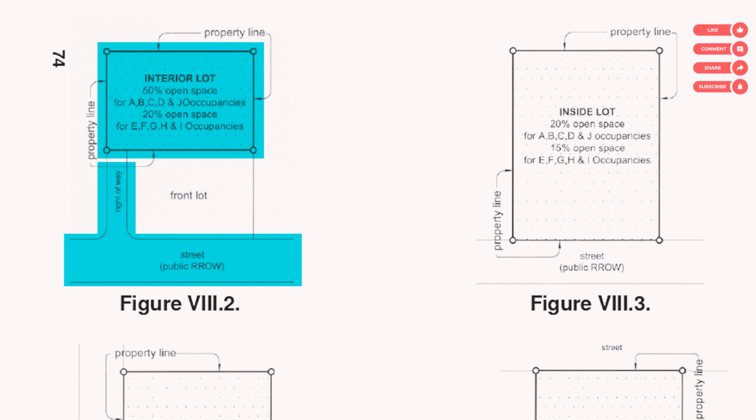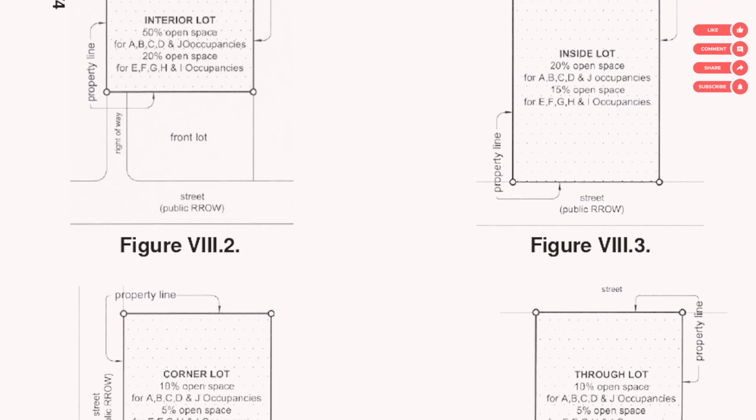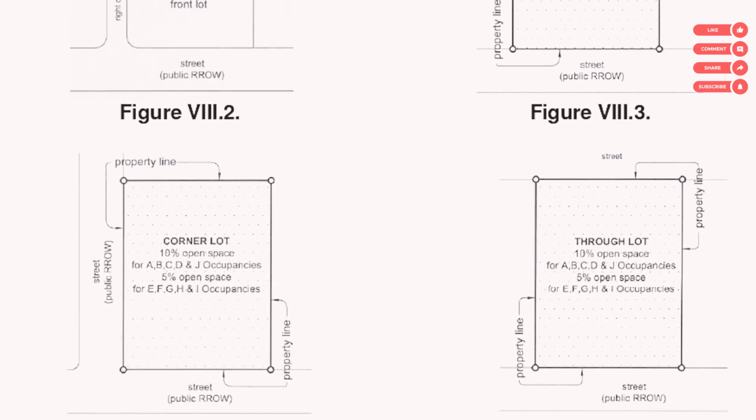There are times when the law, the judge, or the Supreme Court, if you get that far, will say, don't be choosy, just buy this. This is the one that you will get. So anyway, bottom line, you have to have this right of way for your interior lot before you can build anything on it.